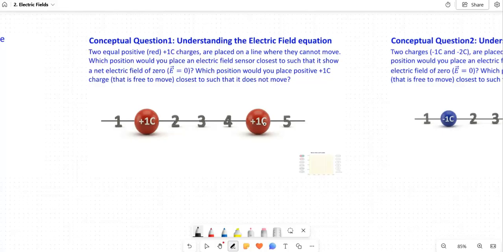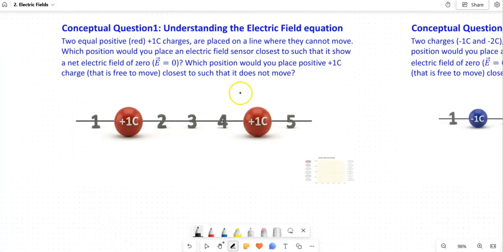Well, in this case, you're not placing a third charge that's free to move. You just want to know where the electric field is going to be zero. So, where will the electric field be closest to zero? Will it be at 1, 2, 3, 4, or 5? Take a moment and just guess where the electric field is likely to be closest to zero. Pause the video now.